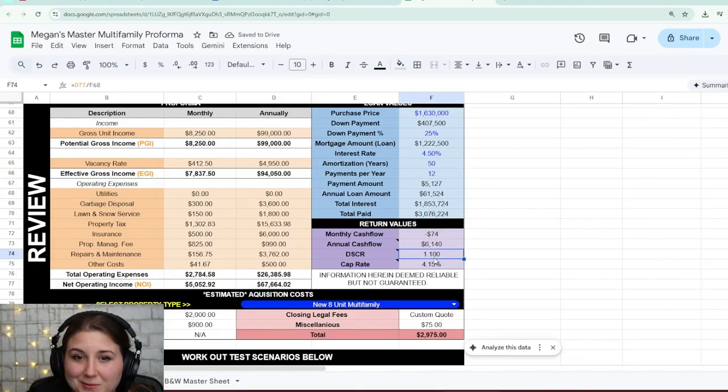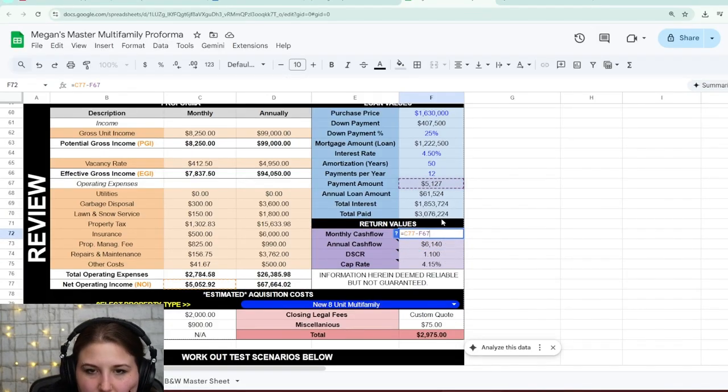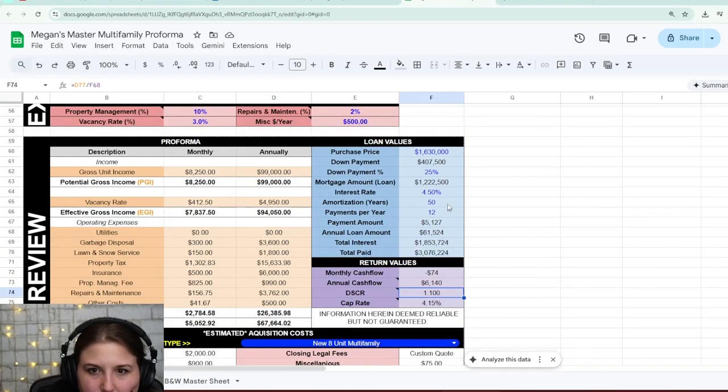Okay, so the abs. What the heck? How does this make sense? How can we be in the positive and in the negative? Monthly cash flow would be your payment amount subtracted from your monthly NOI. So month to month you would be negative, but overall your DCR would be 1.1.